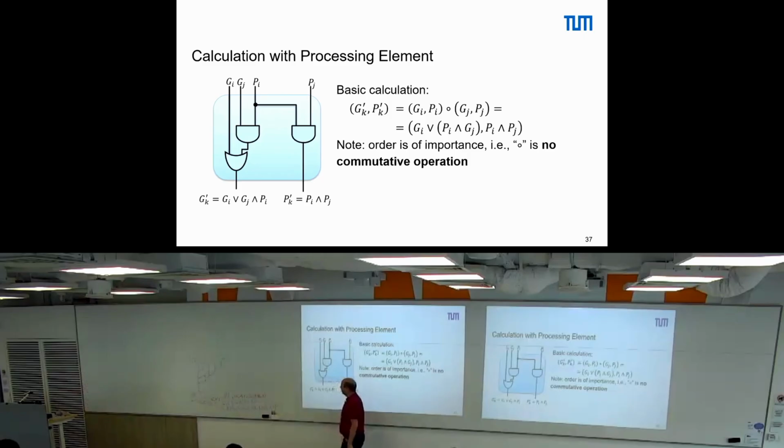So if I draw it in this order here, I say the right input, so Gj is here the 2, G2. So I have G2 here, and here I have this other part, which is G4, G3, G1, G0, which is already some pre-computation.